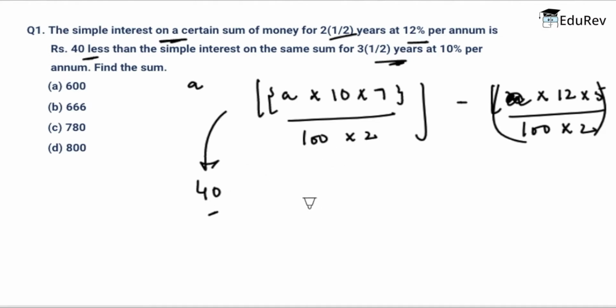Now this can be written as 7a upon 20 minus 3a upon 10, which is nothing but 40.